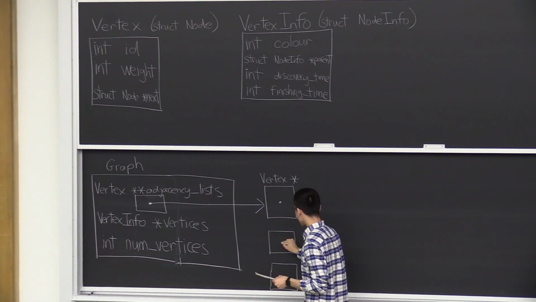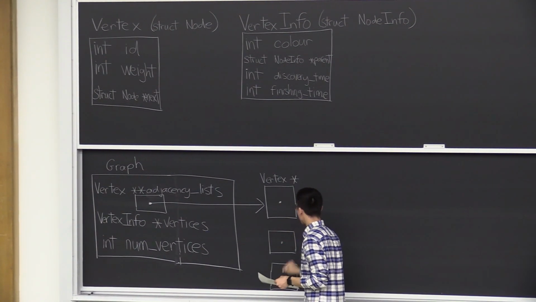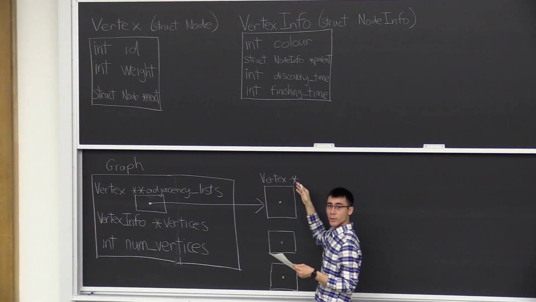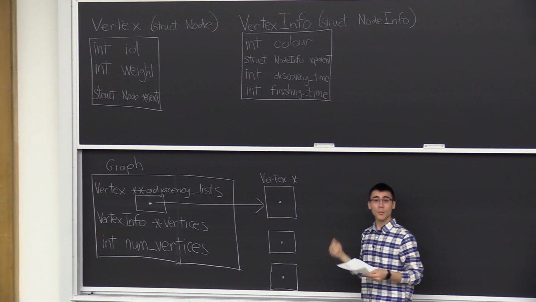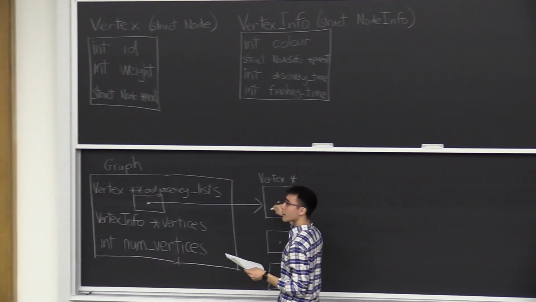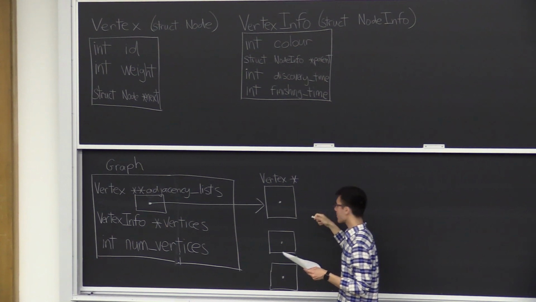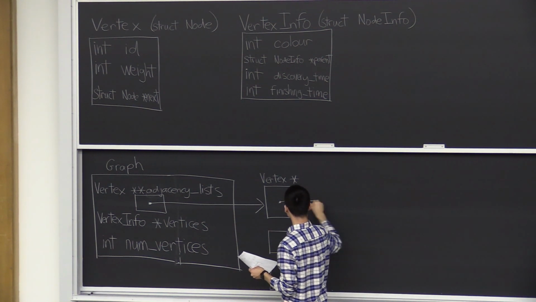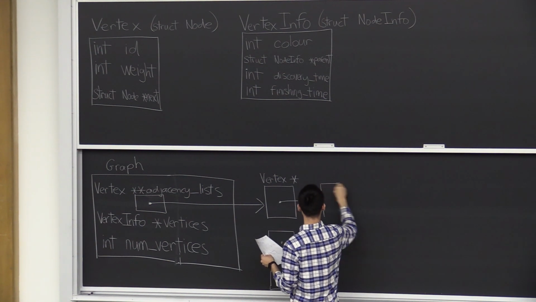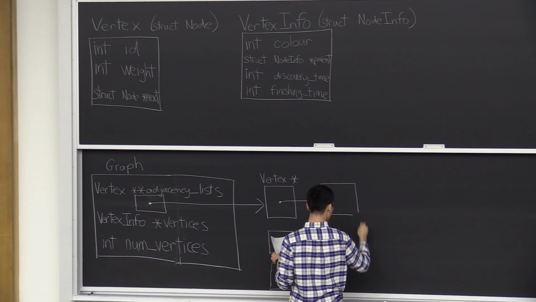And all of these are just going to be of type vertex star. And what does vertex star point to? Well, when we start actually populating our graph, this is just going to be the head of one of the linked lists, right? So this is going to be a pointer to actual vertex structures.